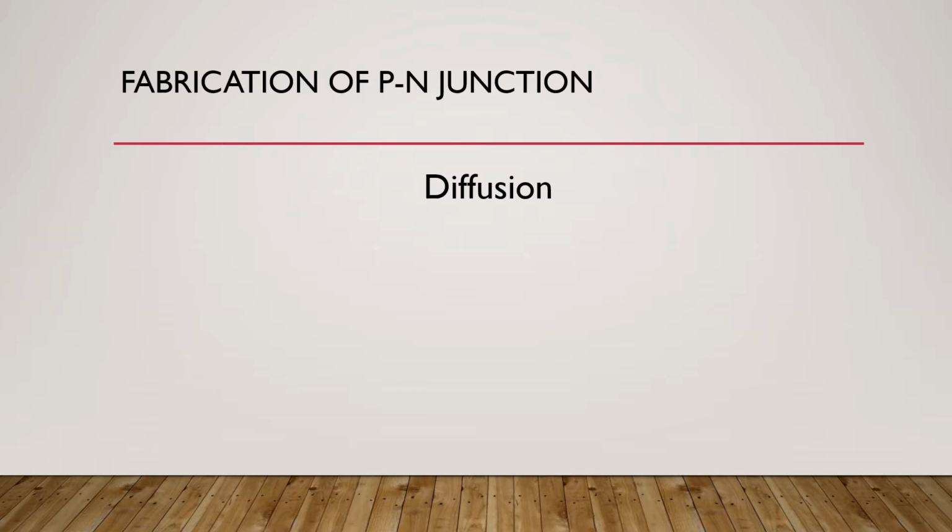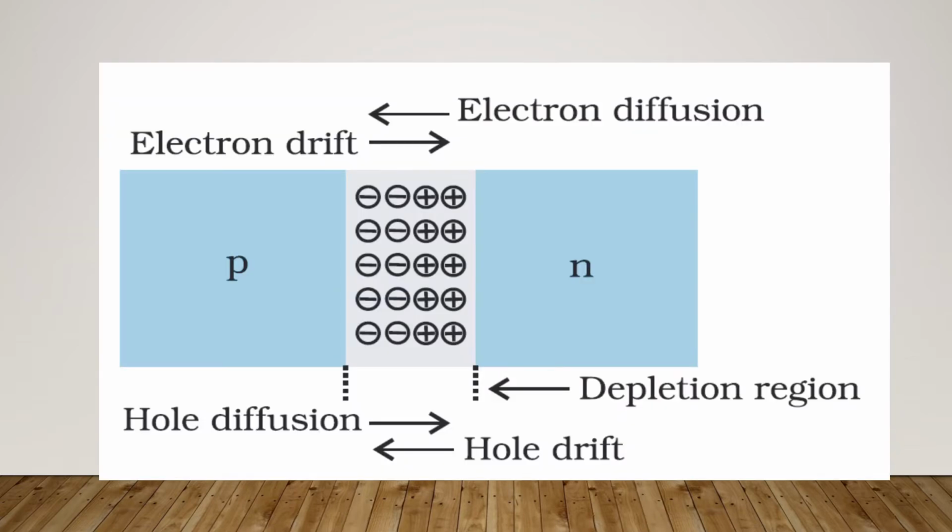Today I will discuss another important IC fabrication route for which low temperature is required as compared to thermal oxidation, which is the diffusion process. Here you can see a p-n junction, and it can be clearly seen that there is the direction of electron drift, then electron diffusion, then hole diffusion and hole drift.